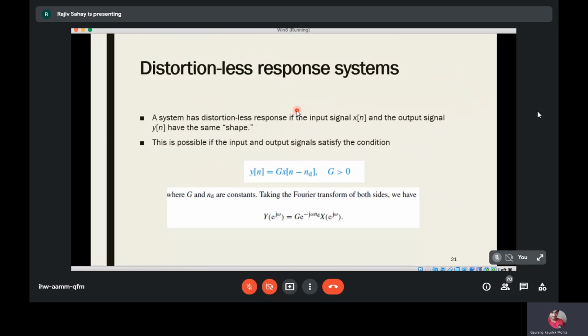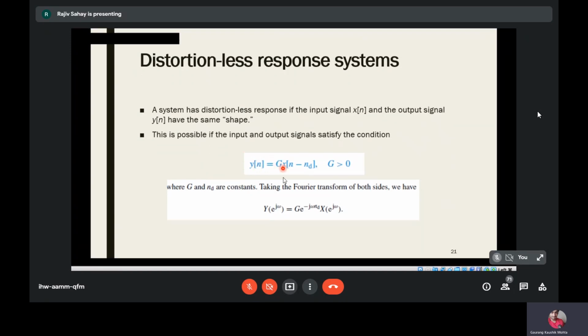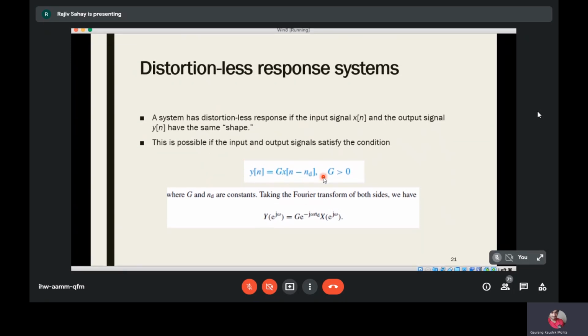It can get changed in magnitude or phase, but the shape of the pulse that you are sending through the LTI system should be preserved. The simplest way this can happen is that the output signal y[n] is a scaled and delayed version of the input signal.